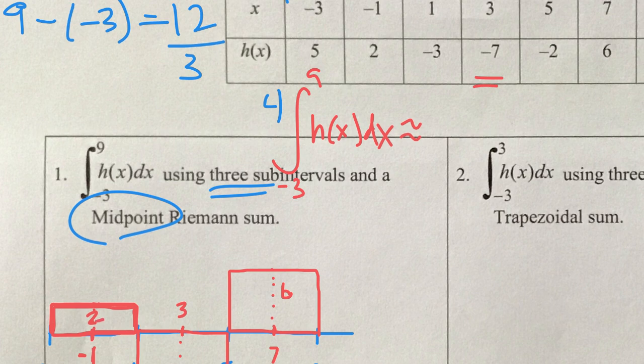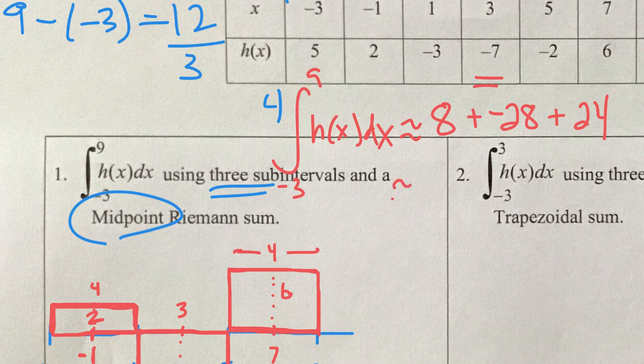It has a height of 2, and the width is 4, so 2 times 4 is 8, plus the area of my second rectangle with a width of 4 and a height of -7, so that's -28, plus my last area with a width of 4 and a height of 6. 4 times 6 is 24.